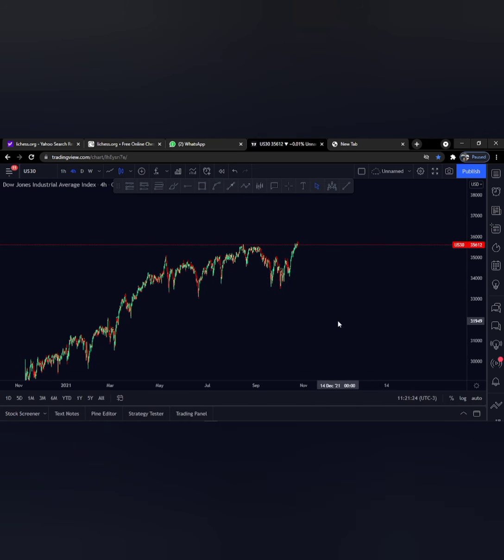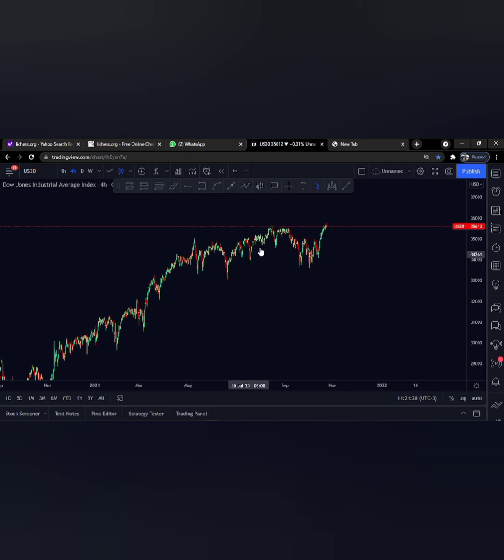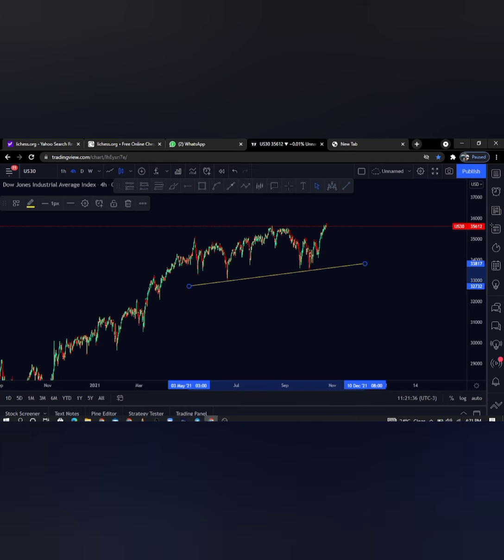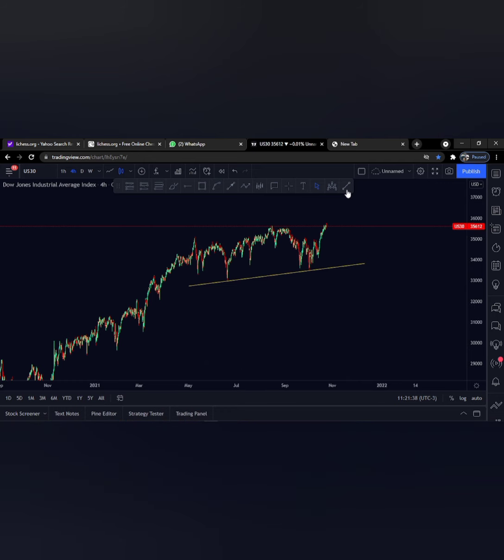So now for US30, if you check at the current moment, price is sitting at this channel. Price is giving us this ascending type of channel. It's ascending towards the upside.